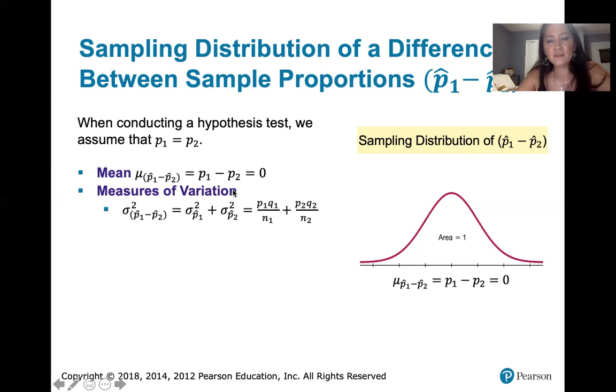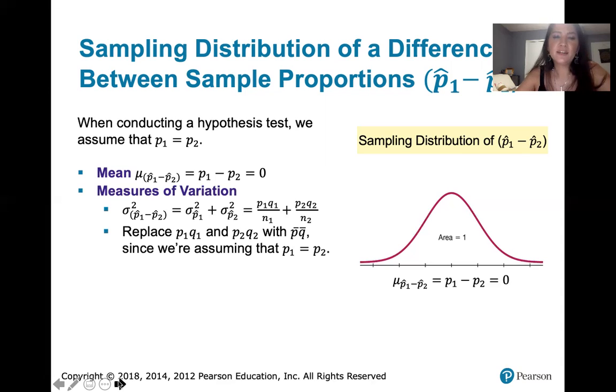But we're now assuming that P1 and P2 are equal to each other. Since we don't actually know that common value of P1 and P2, we're going to assume that the common value is equal to this pooled sample proportion, P bar. And then if P1 and P2 are both equal to P bar, then Q1 and Q2 are both equal to Q bar.